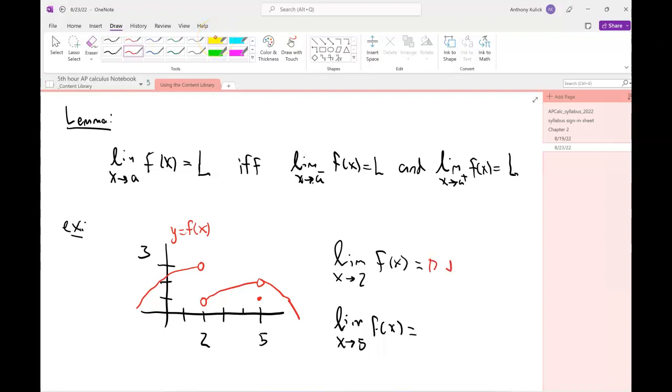That is correct. Because if we look at the left-hand limit, that's 3. But if we look at the right-hand limit, that's 1. Since those do not agree, the limit there cannot exist.